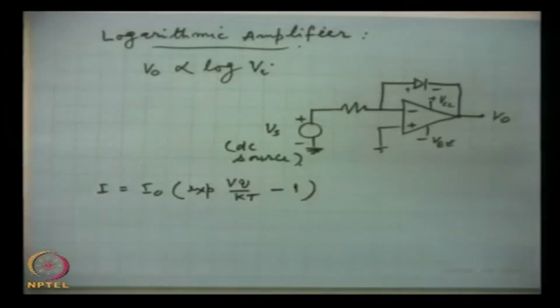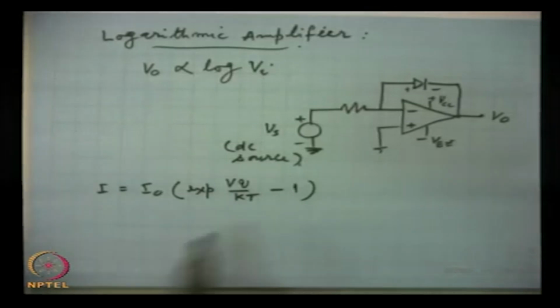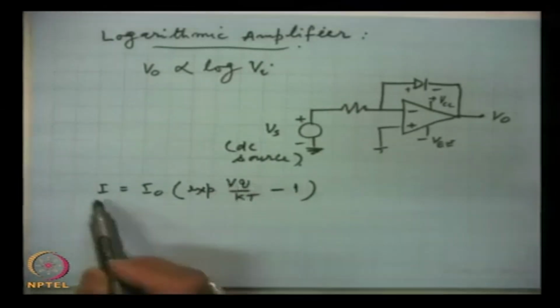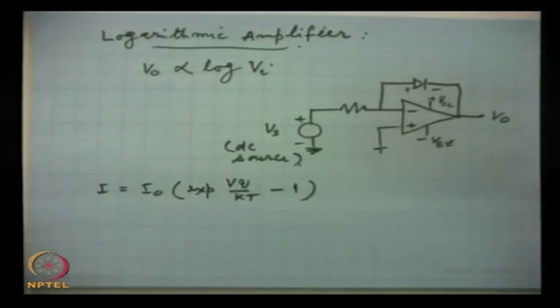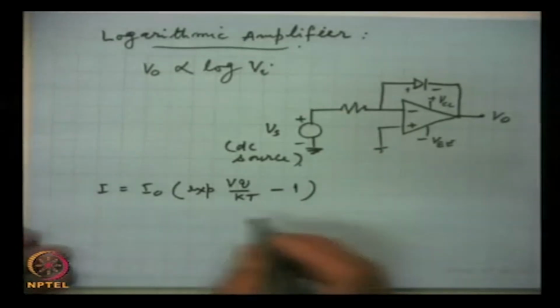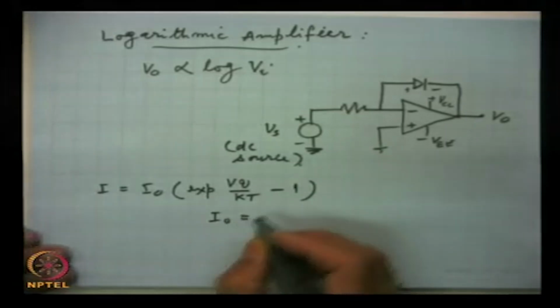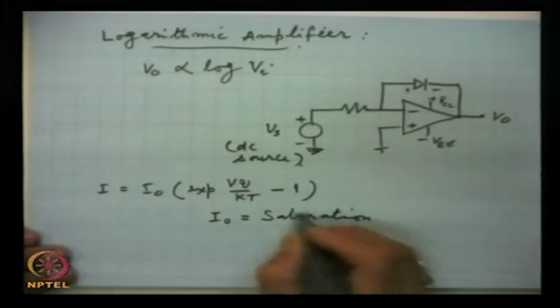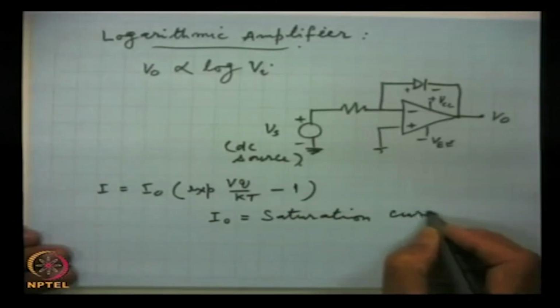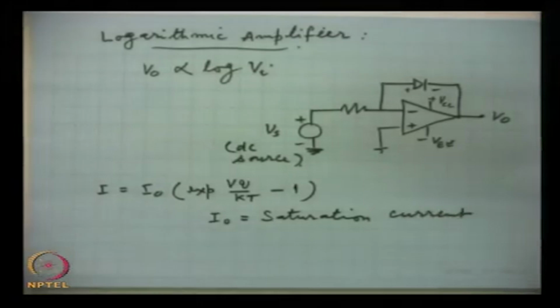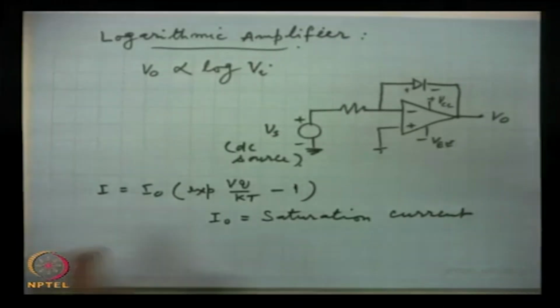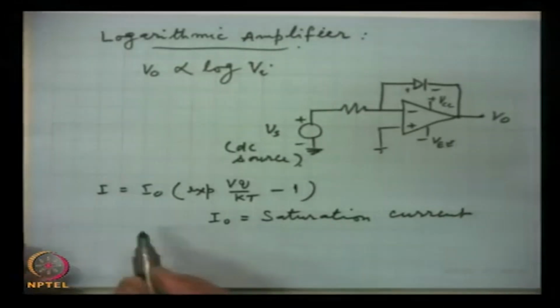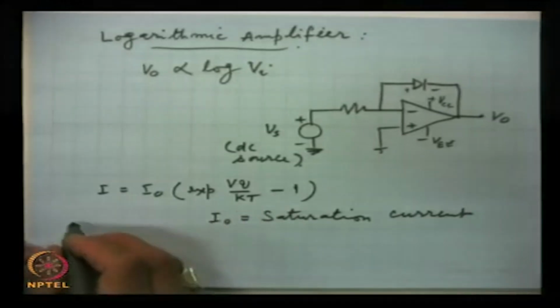This is the equation of a diode which describes the current voltage relationship. This is the applied voltage and this is the resulting current, and here I0 is the saturation current.